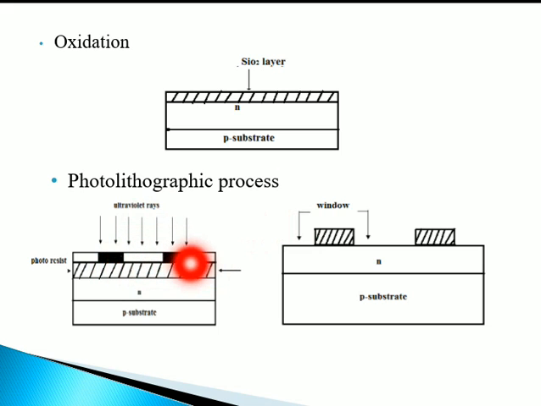The metals will be kept at the place where you want. You can see the two metals placed here. Whenever you put the UV light, leaving these two, the remaining portion is etched off, so you will get two windows formed. This is known as the photolithographic process.